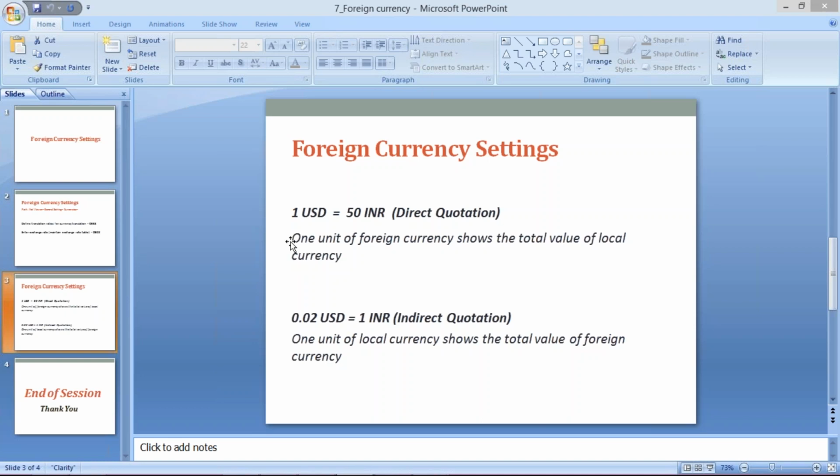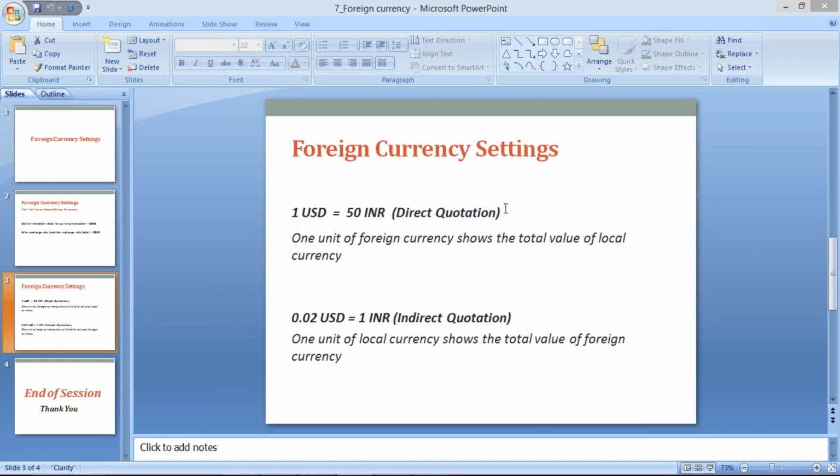It means how we are going to maintain the rate. As per direct quotation, 1 unit of foreign currency shows the total value of local currency. In the sense, 1 unit of foreign currency shows the total value of local currency.